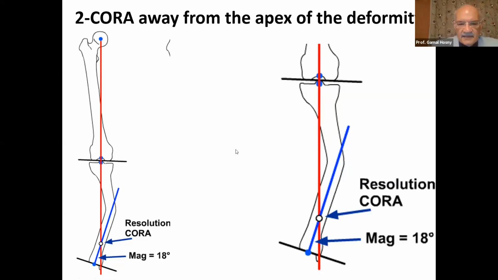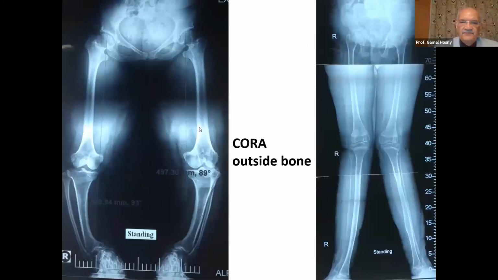And this is a clinical example. This is a case of achondroplasia, long-standing achondroplasia without any treatment before, and you have this severe deformity. If you draw the mechanical axis of the proximal segment and the mechanical axis of the distal segment, they are going to meet outside the bone. That means that you have two CORAs.